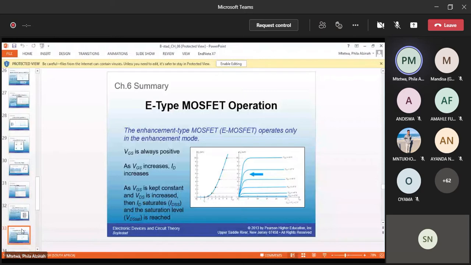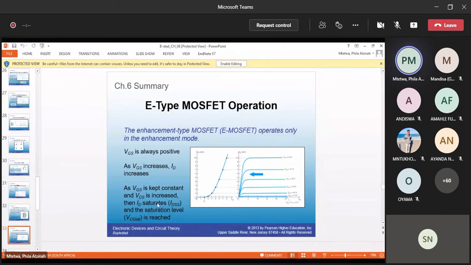Operation of an enhancement type MOSFET. VGS is always positive. As VGS increases, ID increases. VGS, remember, is our controlling voltage, because the field effect transistor is a voltage controlled device.